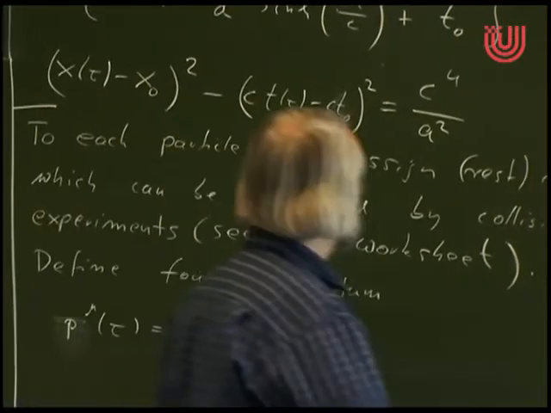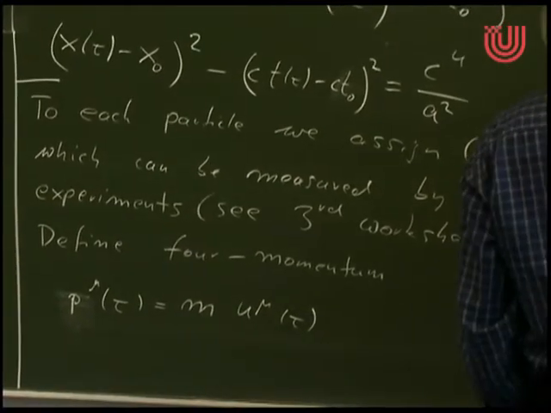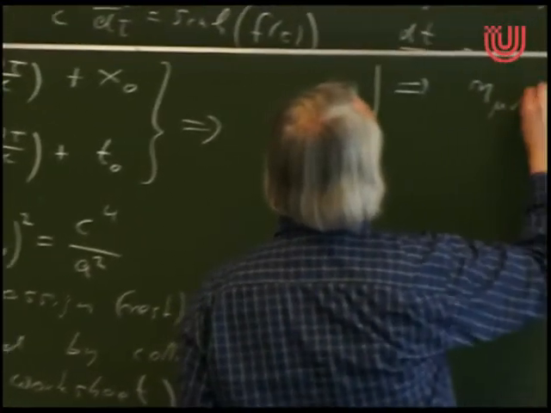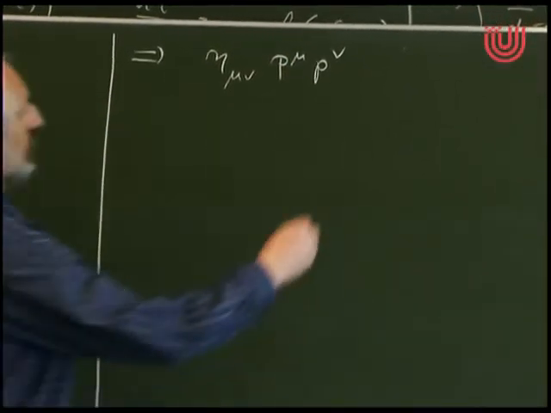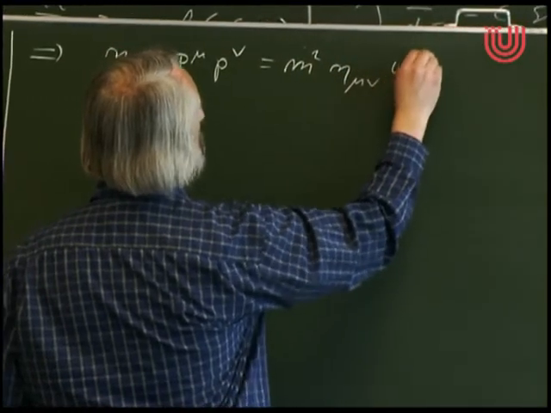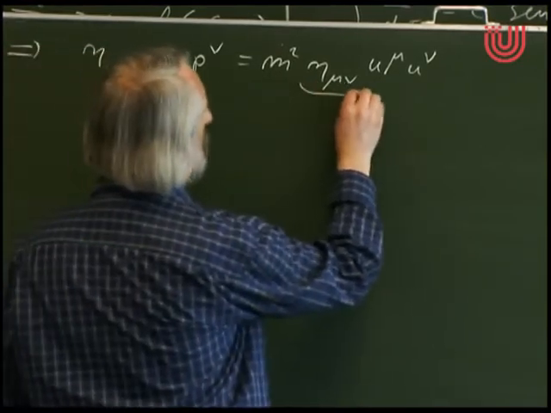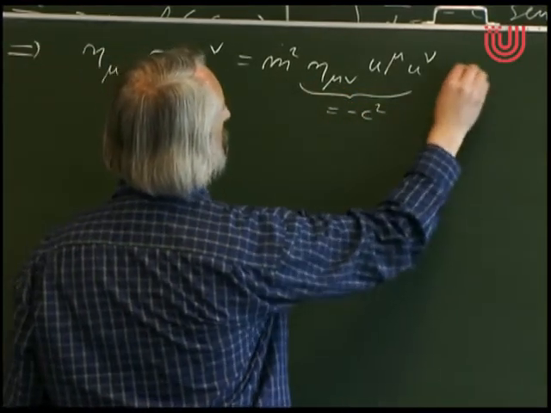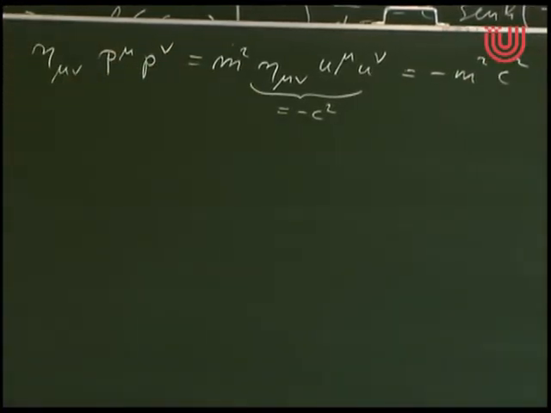Let's work this out. From this equation we find the following. If I calculate this expression, then this obviously gives me m squared eta mu nu u mu u nu, and this is minus c squared. So the whole thing is minus m squared c squared.